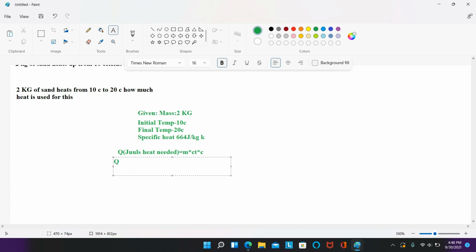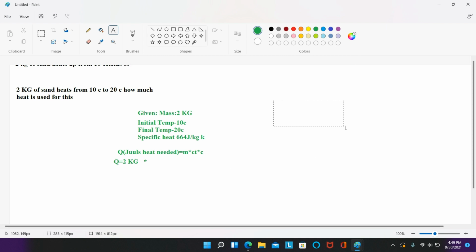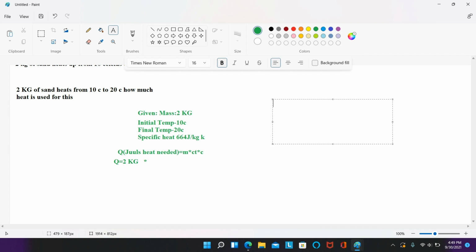All right, so now let's do the plug-in for this. You still have Q, which you need to solve for, is equal to 2 kg, times, and for the change in temperature, what you do is the final minus the initial.